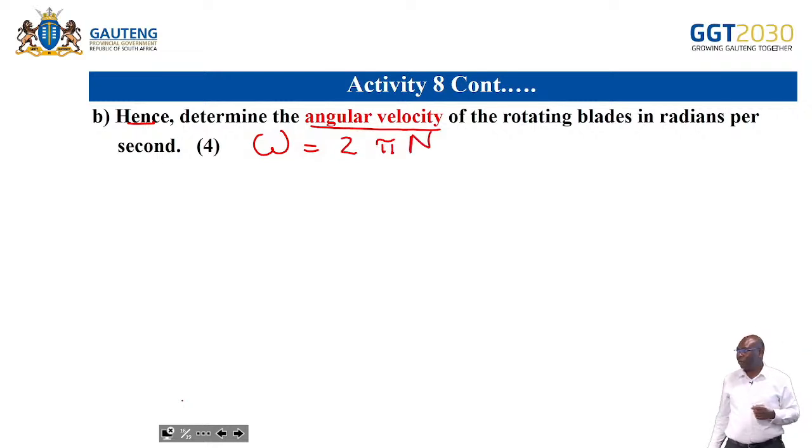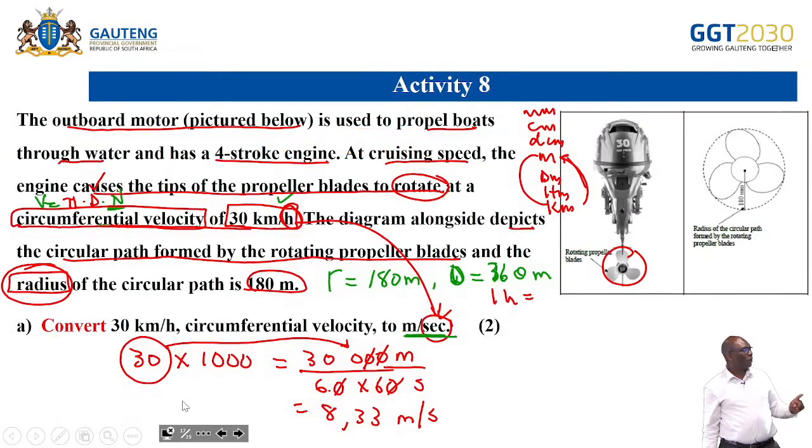What challenge am I having now? I don't know what my n is. Looking at the whole statement, I don't have anywhere that they gave me the rotation, the revolutions.